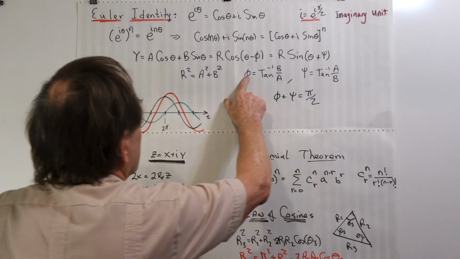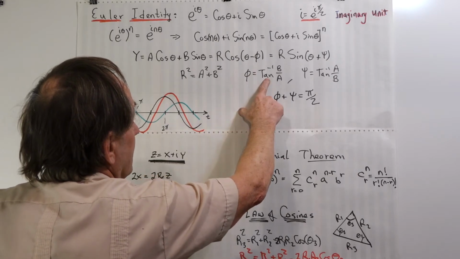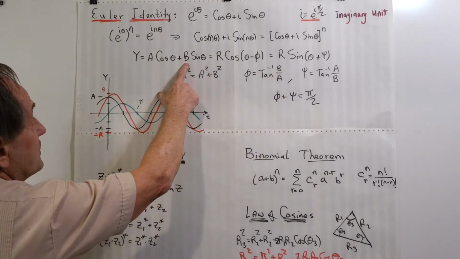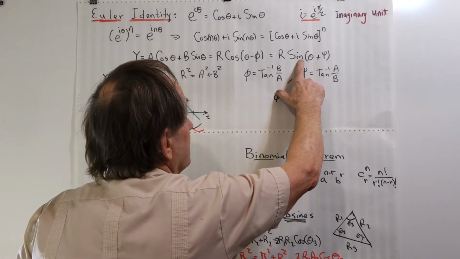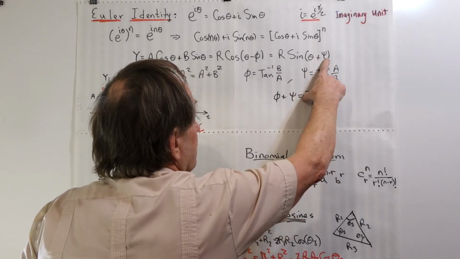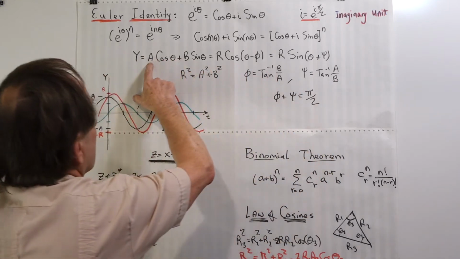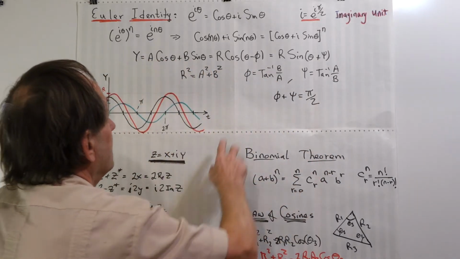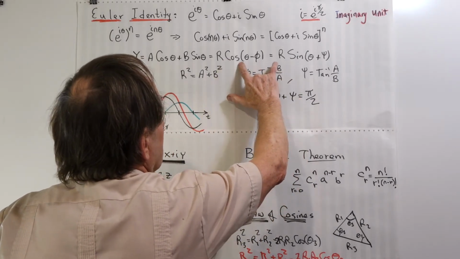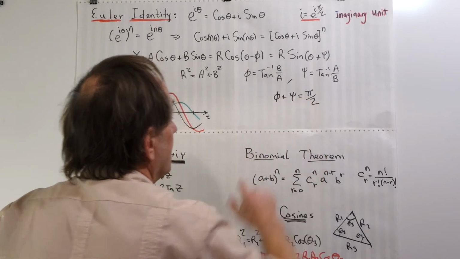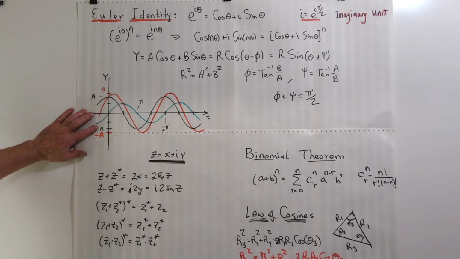And phi, the phase shift on the cosine, will be the angle whose tangent is the ratio of the sine amplitude to the cosine amplitude, and when you're writing it as a sine, the phase shift is the arctangent of the ratio of the cosine to the sine, and then the two phase shift angles between sine and cosine are shifted by pi over 2. And here I have a graph to illustrate it.